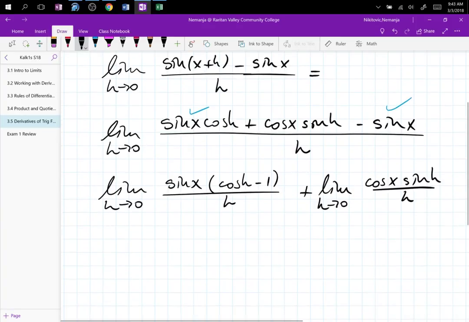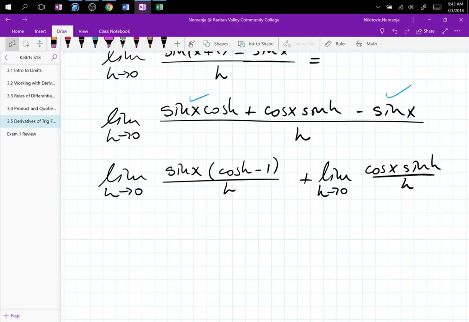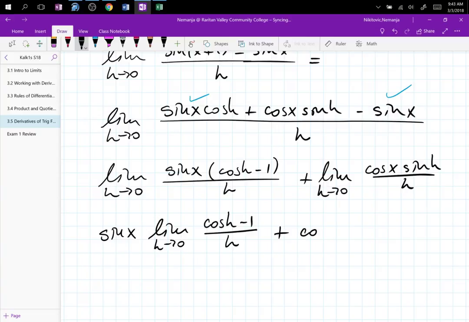The limit operates on h as a variable, so x is a constant in the eyes of the limit. So you can kick sine x in front and have limit h goes to 0 of cosine h minus 1 over h. And you can do the same thing for the second one, where you kick out cosine x, because again the limit operates on h only. So it behaves like a constant.